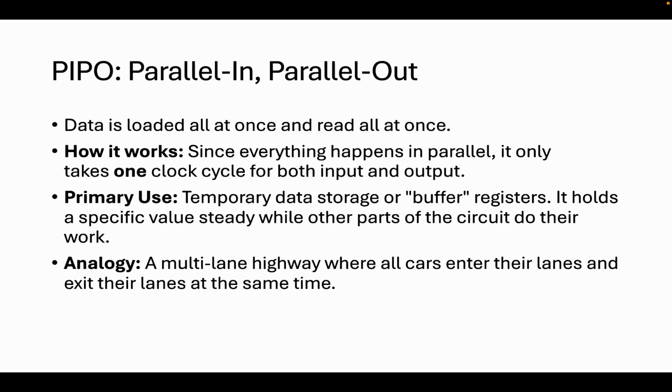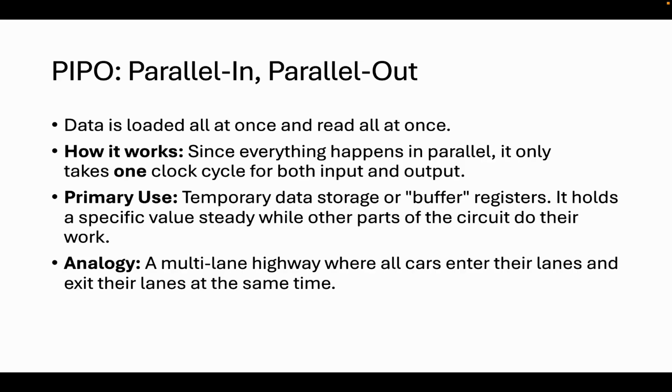Then you have parallel in parallel out. This is the fastest one, and it is used only as a buffer to hold the data. Data is loaded all at once and read all at once. How does it work? Since everything happens in parallel, it only takes one clock cycle for both input and output. It is used for temporary data storage or buffer registers.